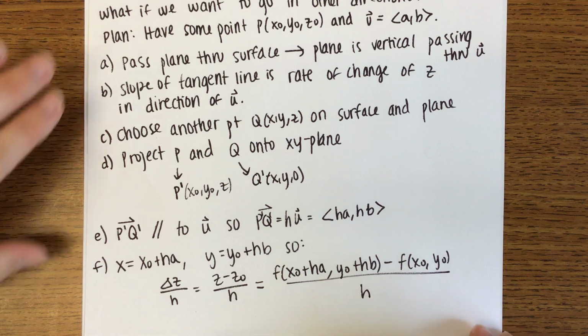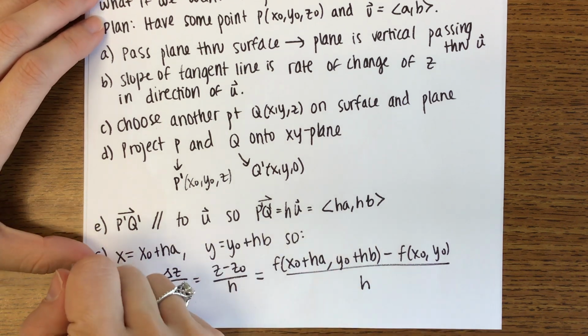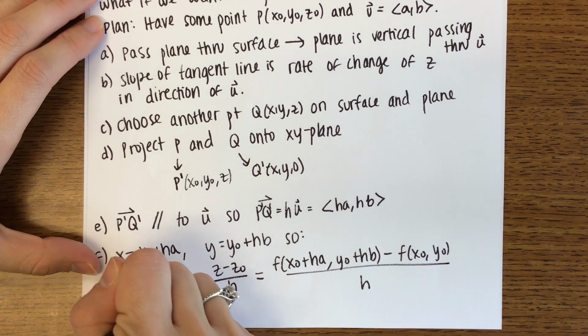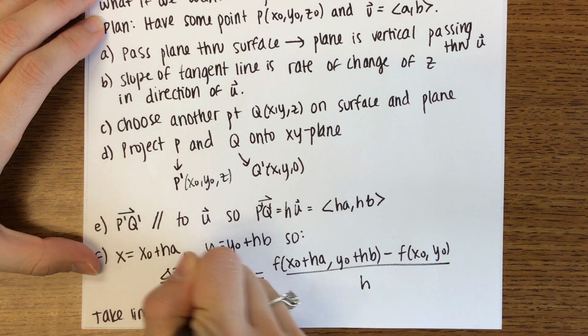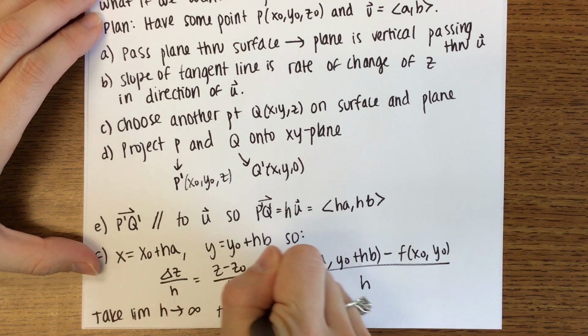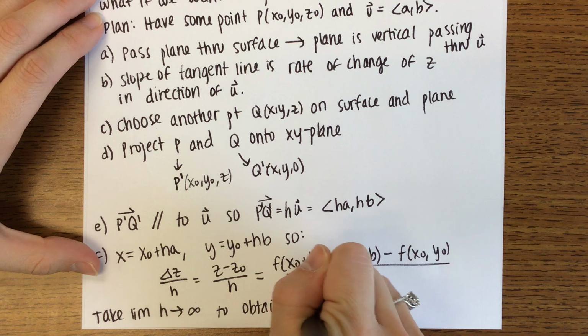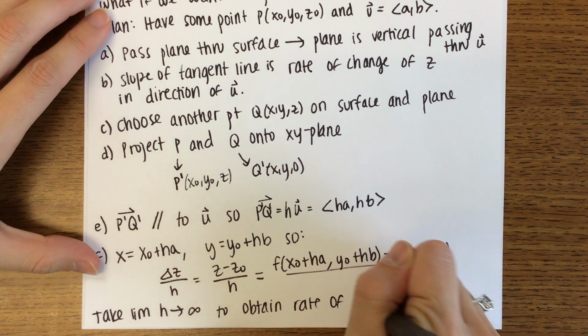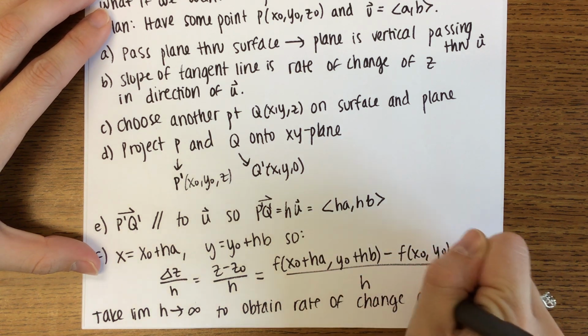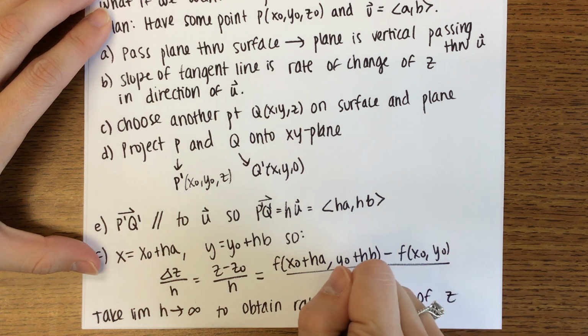And lastly, what we are going to do is take the limit as h goes to infinity to obtain the rate of change of z in the direction of u.